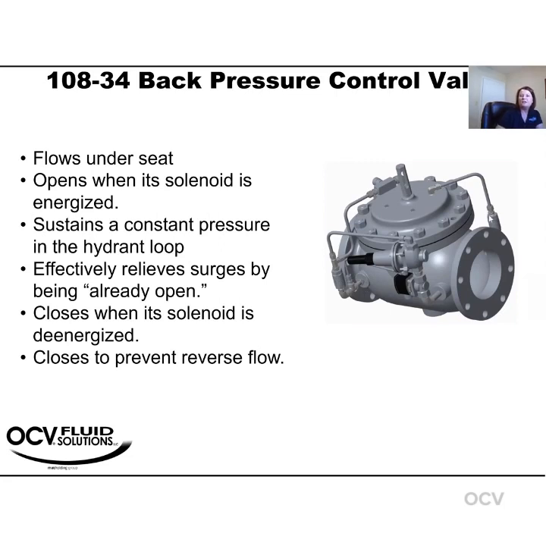So we're sustaining a constant pressure. We're relieving any surges in the system because it's already open, and then it will close when the solenoid is de-energized. And of course the check function itself is going to prevent any reverse flow. So 3 different functions you can have on this valve itself.